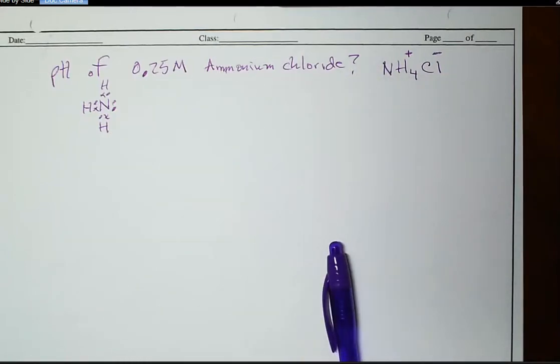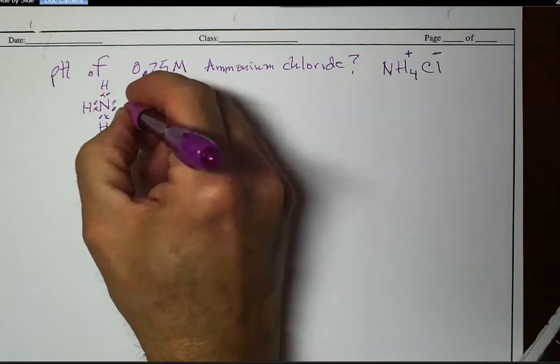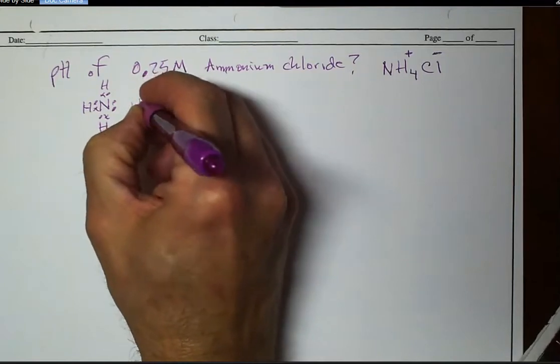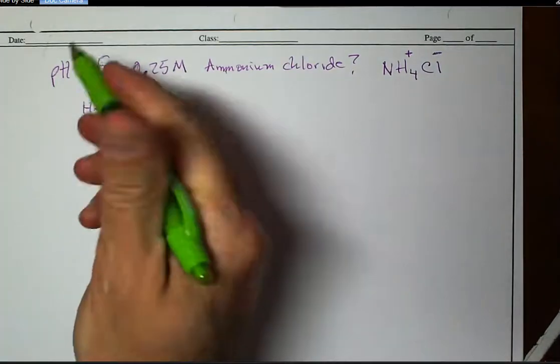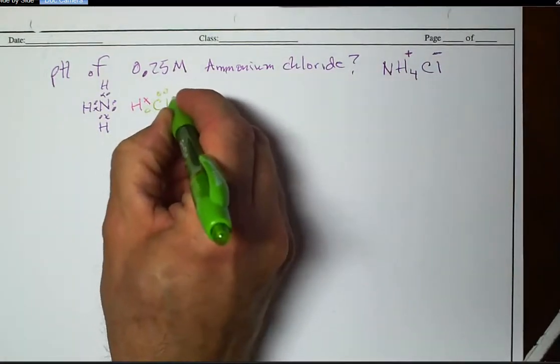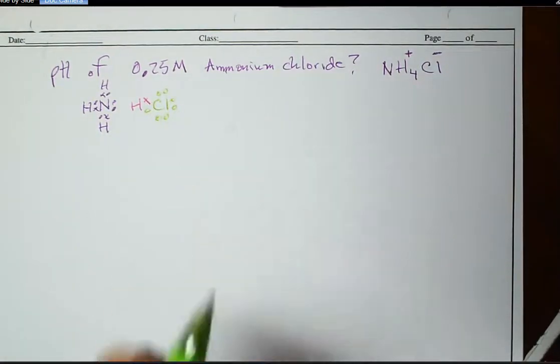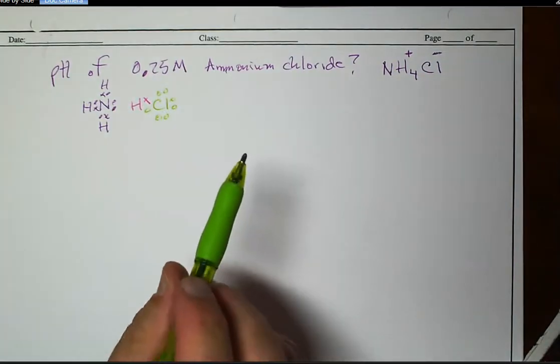So what happens here is that ammonia, which is generally a gas, will meet up with this bright green hydrogen chloride, or hydrochloric acid if it's in aqueous solution.